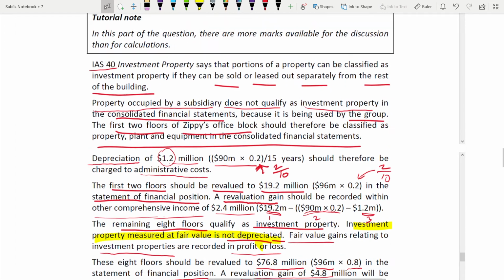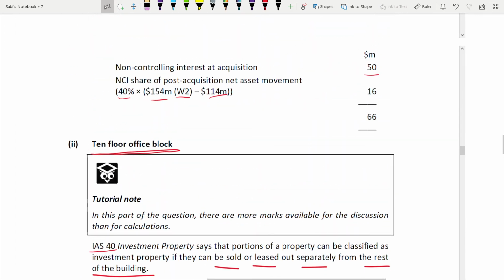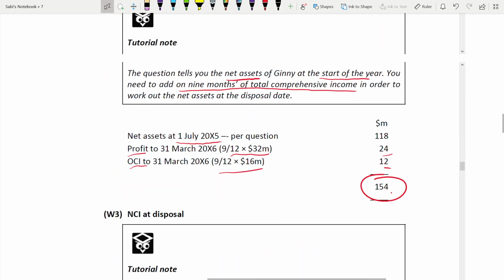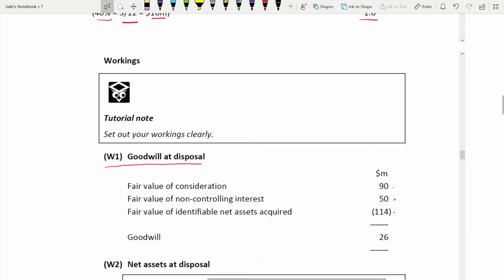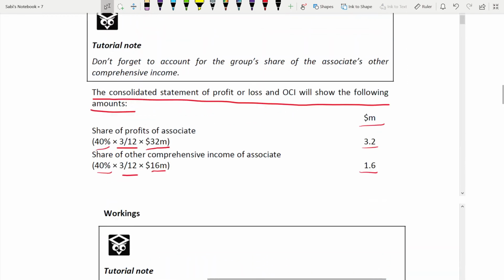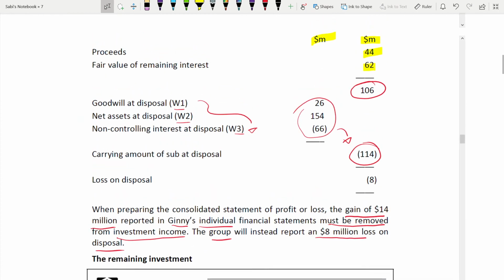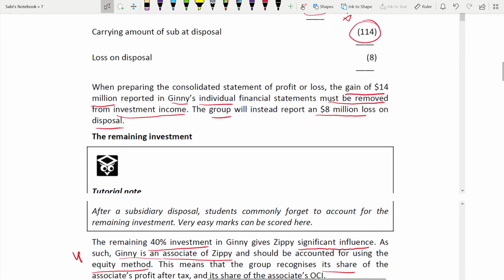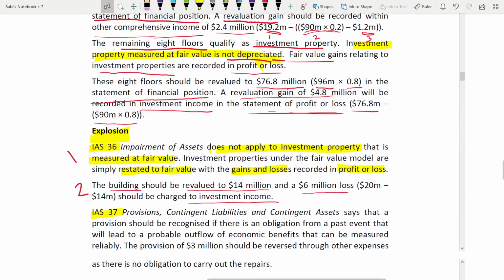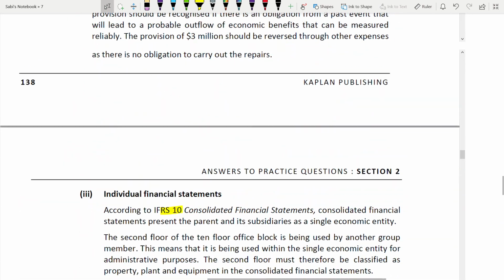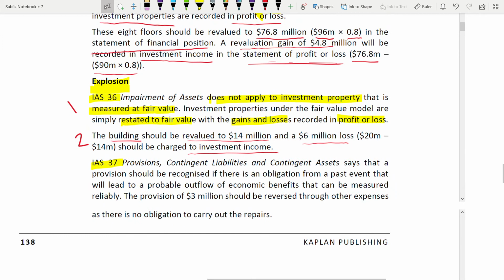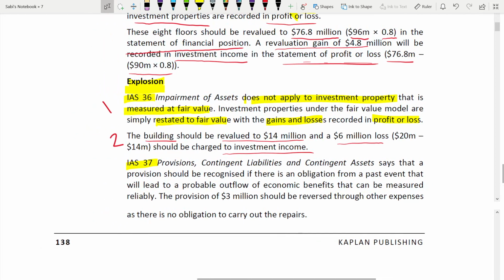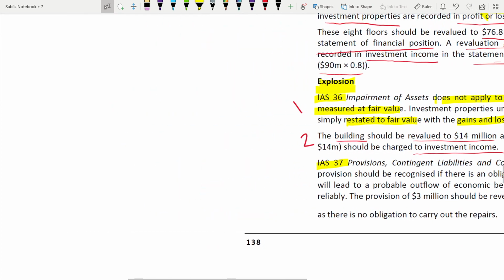Oh, that's our gain. But we have calculated a 6 million loss somewhere. No, this is the subsidiary, not this one. I got confused because they have a 6 million loss from 20 to 14. So we'll go and check.